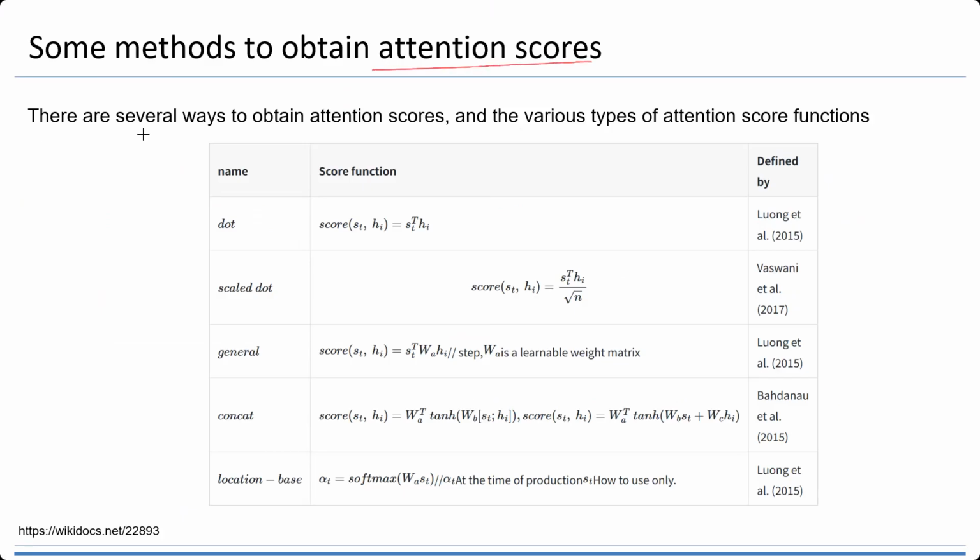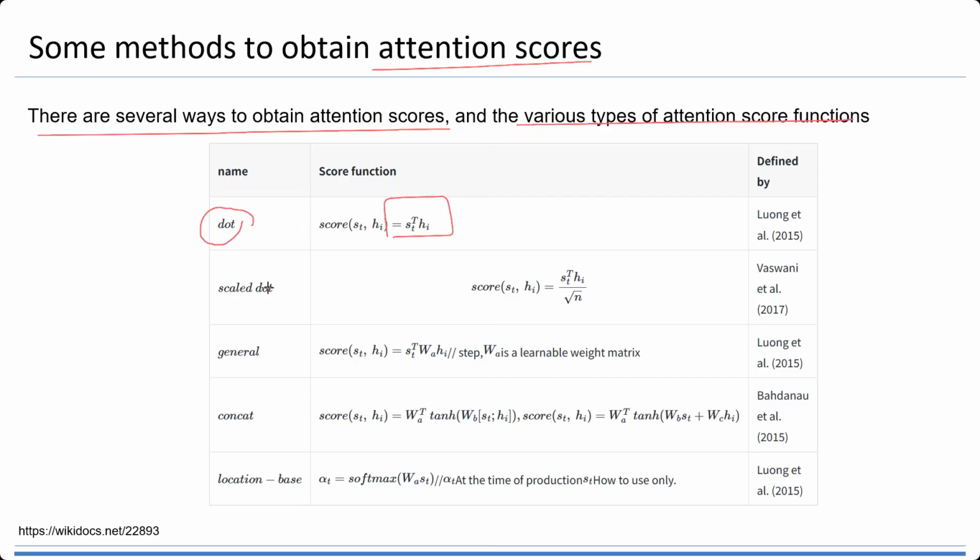So there are several ways to obtain the attention scores and various types of attention score functions. For example, you can use the dot. Dot means just multiplication. What we did before is a multiplication. So that's the very basic one.